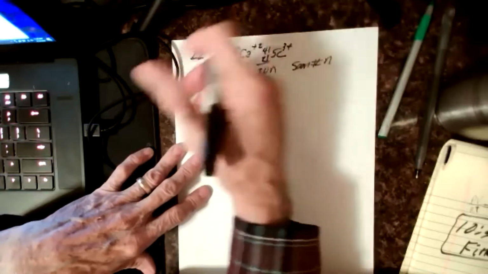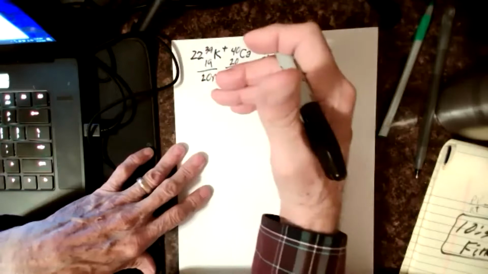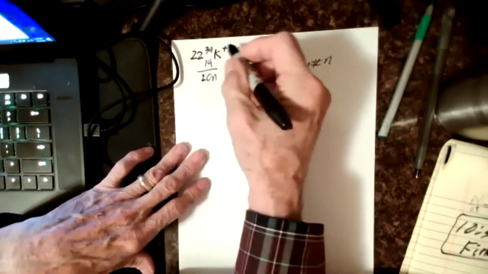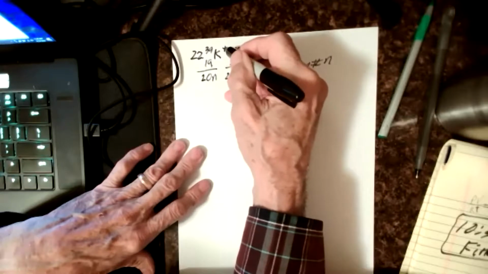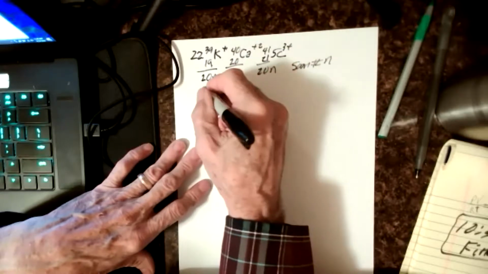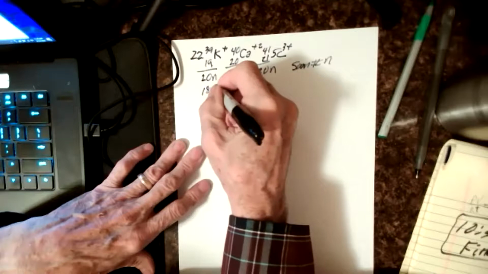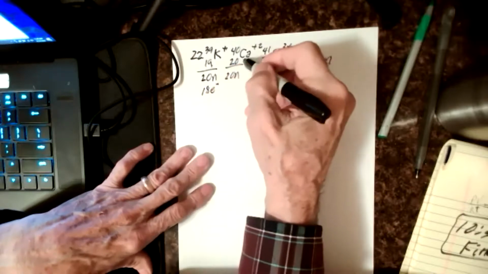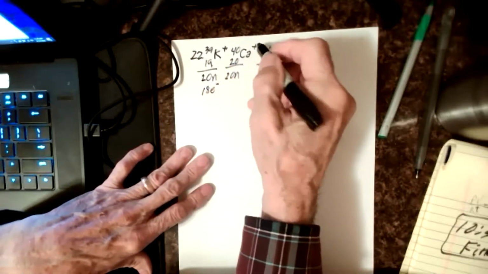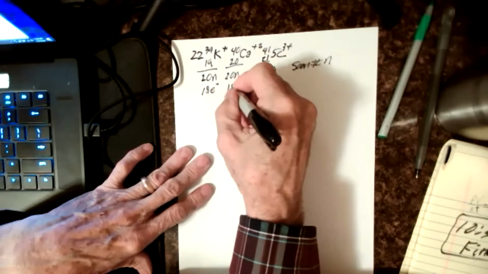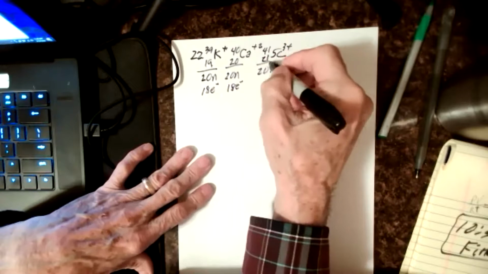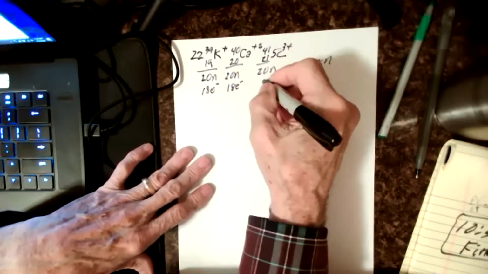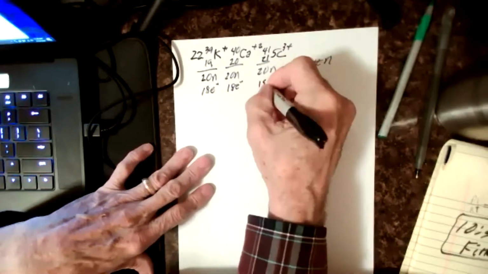And it says we're comparing neutrons and electrons. How many electrons would there be in each one? Well, if I take 19 and I subtract 1, it has 18 electrons. If I take 20 and subtract 2, it has 18 electrons. If I take 21 and subtract 3, it has 18 electrons.